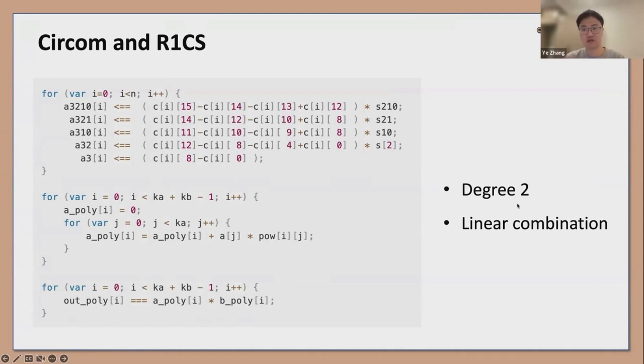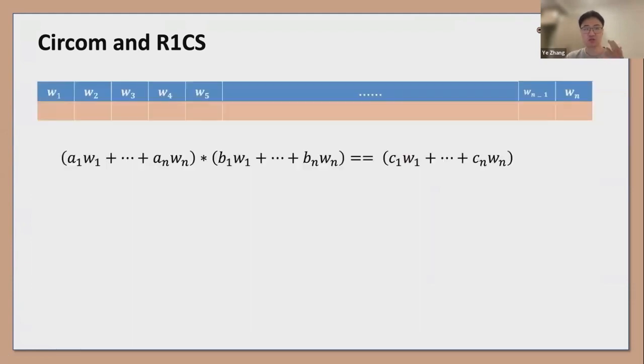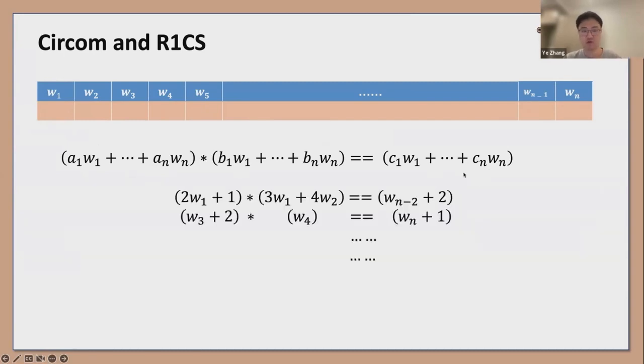On each side is a linear combination. In general, in R1CS, you have all those n variables. For each constraint, like each row of constraints, you can write an arbitrary combination of those variables times an arbitrary combination of those variables equal to some combination of variables. So it looks like this or this, but one constraint can only contain one custom gate.